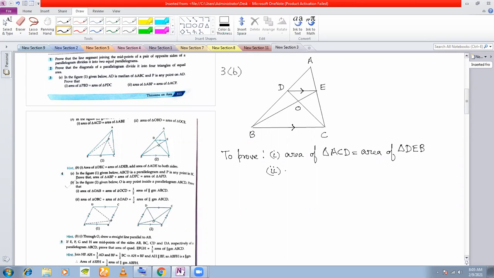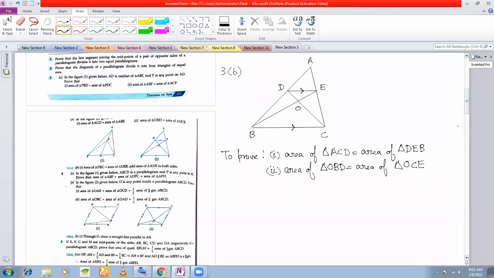The second question is area of triangle OBD is equal to area of triangle OCB, or OCE, not OCB, it's OCE.